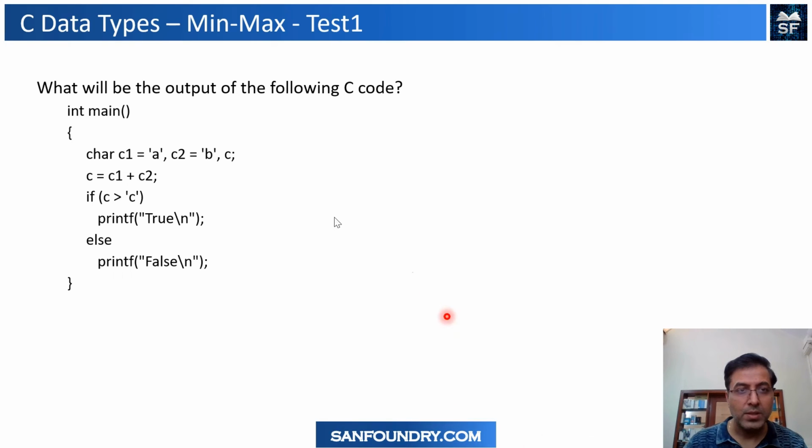What you see in this example is C equal to A, C1 equal to A, C2 equal to B. So these are characters with the symbols A and B. You do an addition of these A, B, right? Some of you might know the ASCII value of A and the ASCII value of B, because when you store a character internally in memory, the ASCII value gets stored.